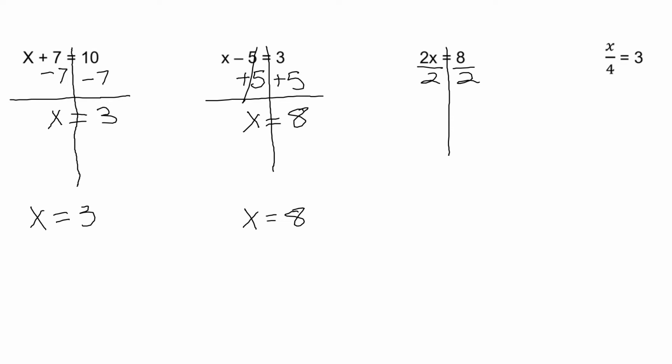So 2 divided by 2 is 1. You can put 1x here. I'm not going to because that's extra. So we have x equals, and 8 divided by 2 is 4. So our answer there is x equals 4.